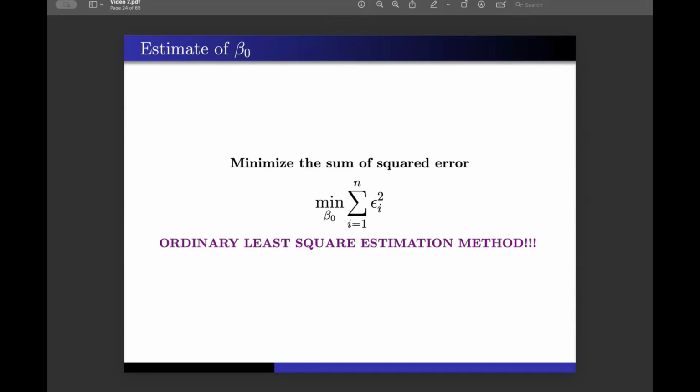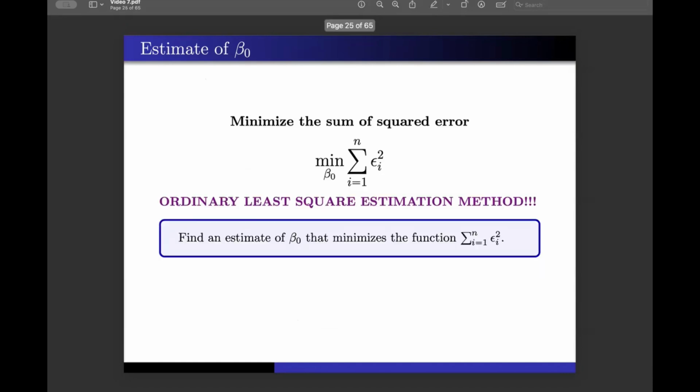We minimize the sum of squared error, and this method is called the ordinary least squares estimation method. What are we doing? We are finding an estimate of beta naught that minimizes the sum of squared error.